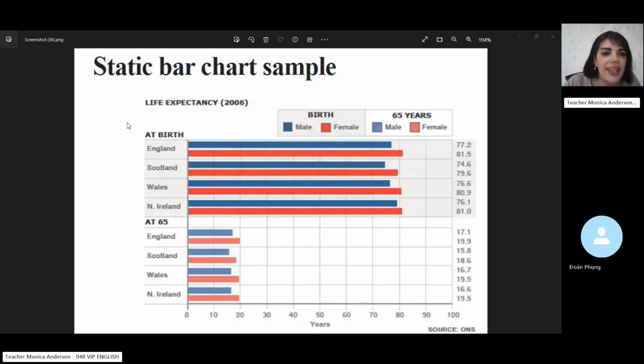So regarding female life expectancy from birth, the highest is England. Now you can use different words: the highest is, for example, from England and reaches 81.